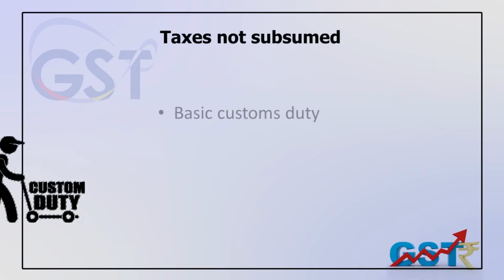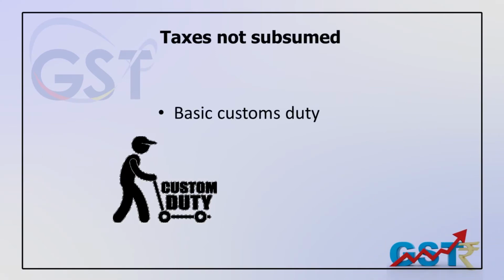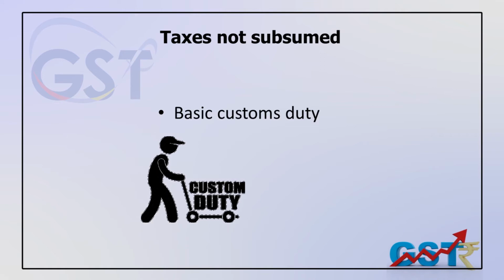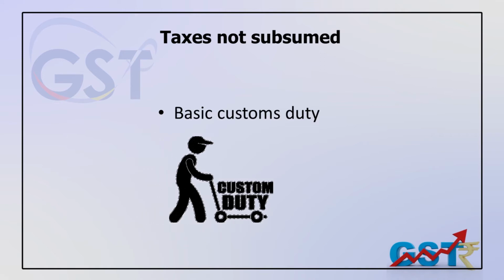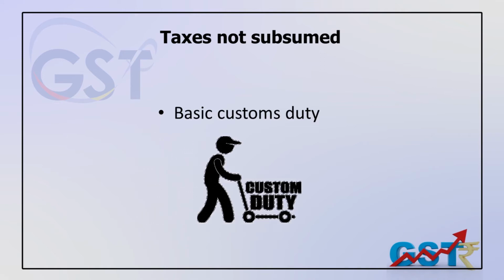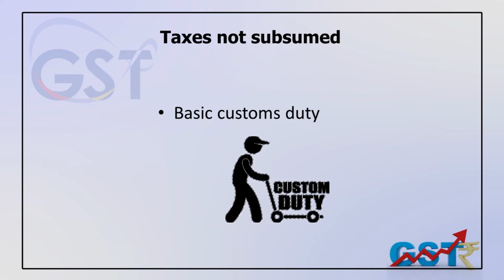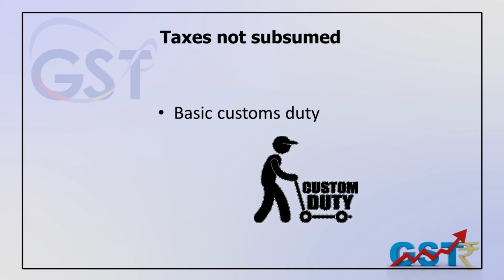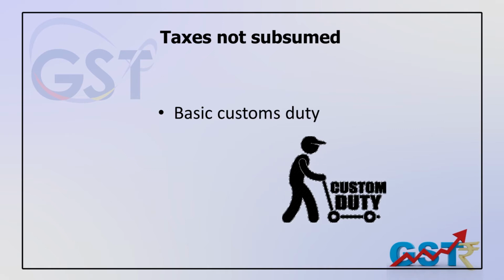Here some of the indirect taxes have not been subsumed. Let's see what types of indirect taxes have not been subsumed in GST. It is basic customs duty. You can find the special additional customs duty has been subsumed, countervailing duty has been subsumed, but basic customs duty has been kept aside. It is not subsumed in GST.